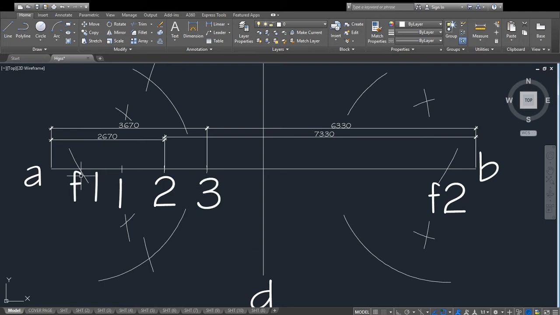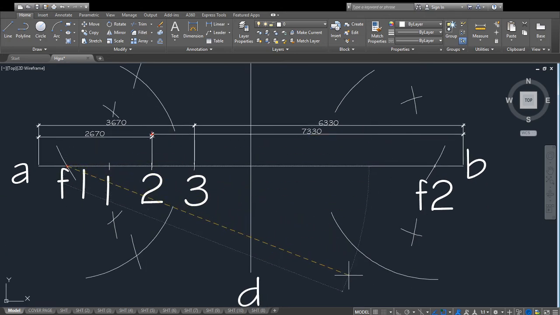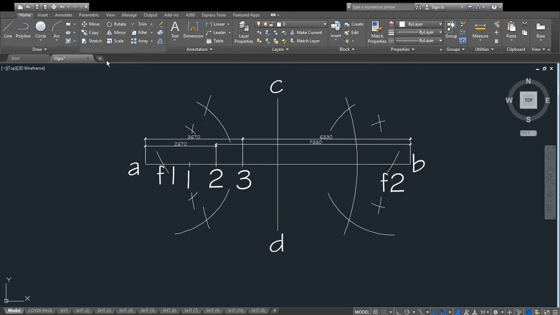You come to F1 with that same radius, 7330, you draw this arc as well. Now we have this.